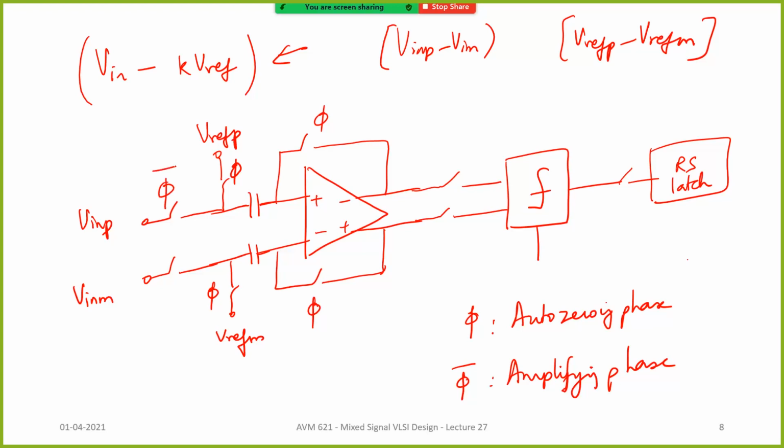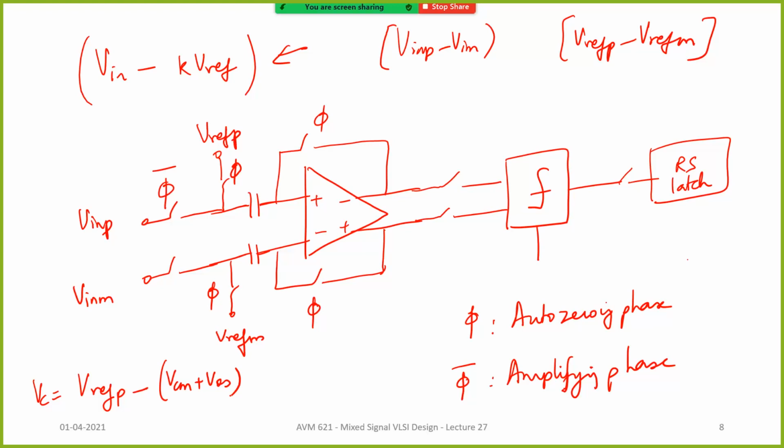So in the auto zeroing phase, VREF and VREF are written to these plates of the capacitor. This one will have what? VCM plus VOS, okay? And this will also have VCM, right? So what is stored on the capacitor during the offset phase is basically VREF minus VCM plus VOS.